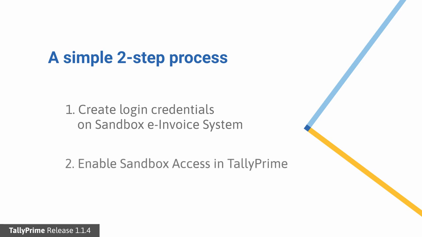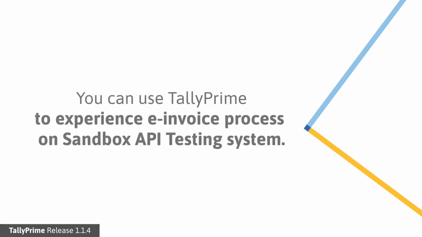And the second step is enabling sandbox access in TallyPrime, after which you can pass a sales transaction and generate an e-invoice to experience the process in TallyPrime. As you saw, this e-invoice demo facility in TallyPrime using Sandbox system provides you with the e-invoicing experience before you go on to generate e-invoice on the live e-invoice system.